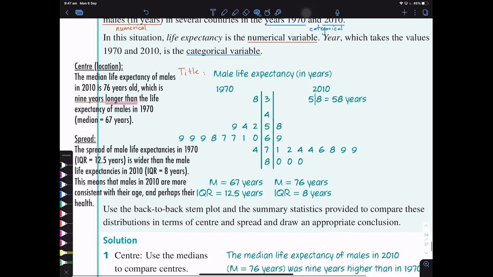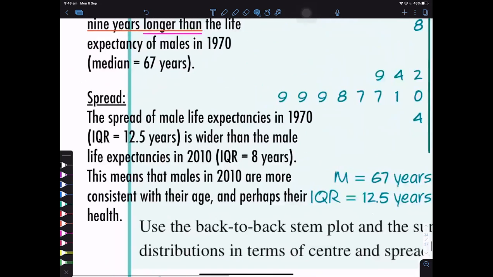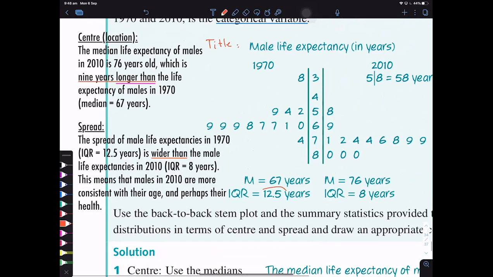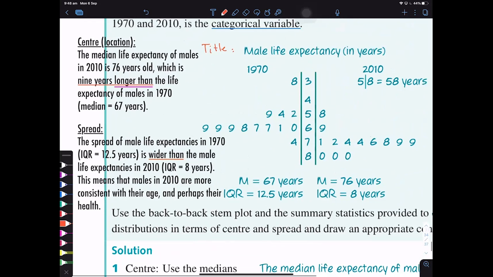So what I want you to realize here is that the comparative language that we use when we talk about spread is wider than or narrow, more narrow or more wide. Because this 12.5 years means that there's a wider spread, or a larger spread, compared to the spread in 2010 of males' life expectancy.